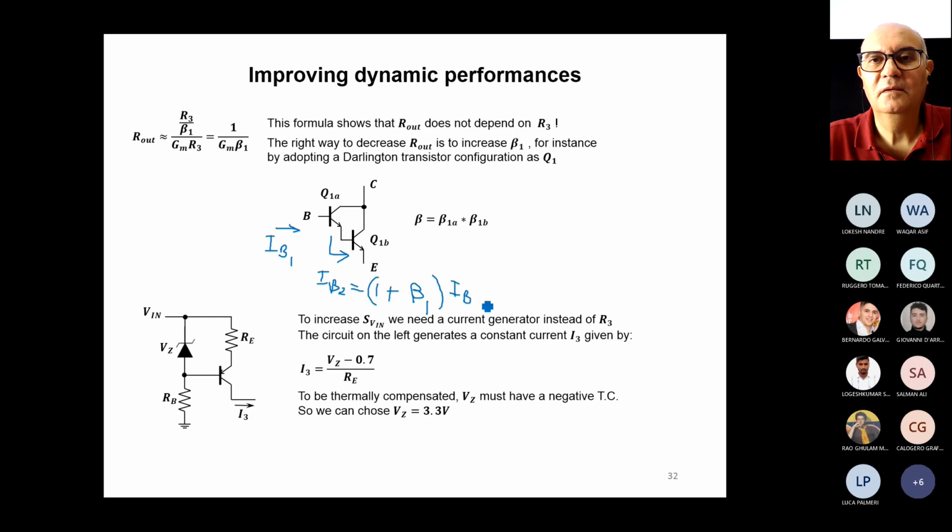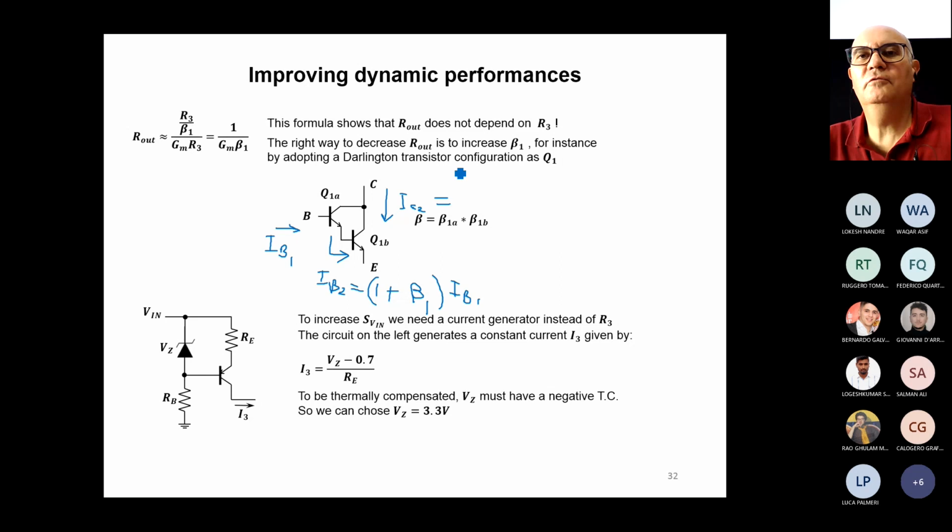So the final emitter or collector current here, let's say IC2, is beta 2 times IB2.